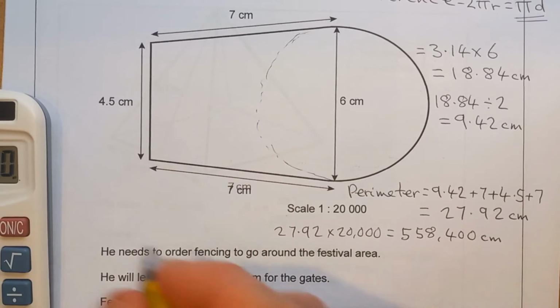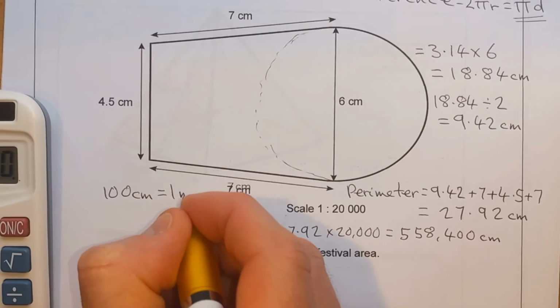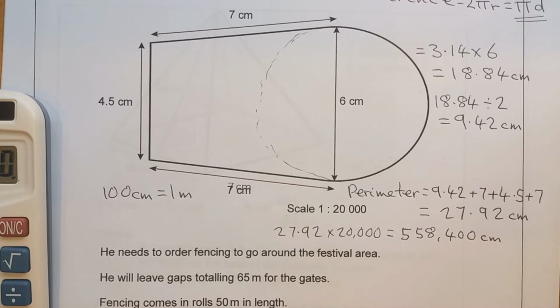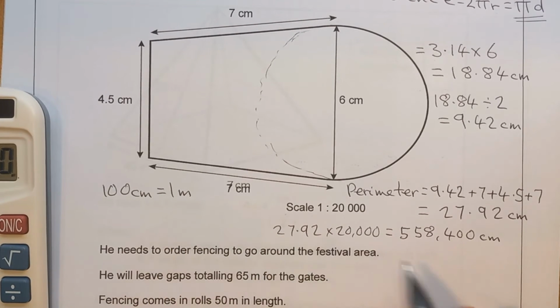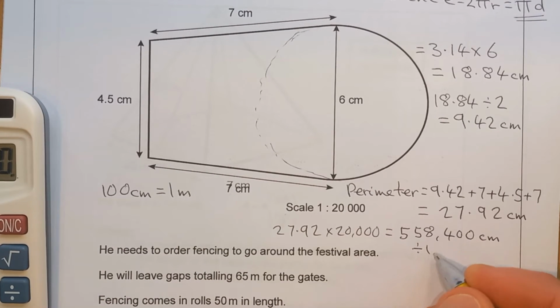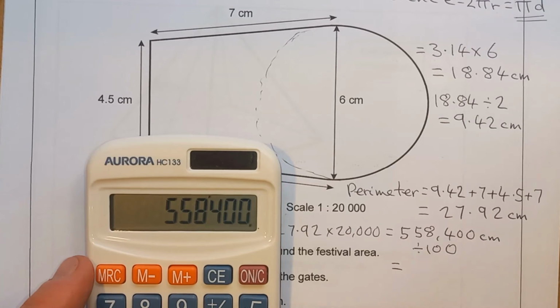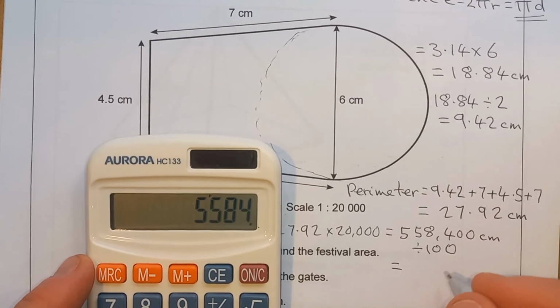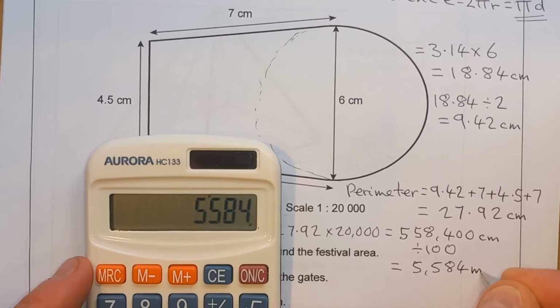Okay. Now, we know that there's 100 centimetres in a metre, and we know that there's 50 metres on each roll of fencing. So we want to get into metres. Okay, so if there's 100 centimetres in a metre, we need to divide this by 100. So divide it by 100, and we've got 5,584 metres.